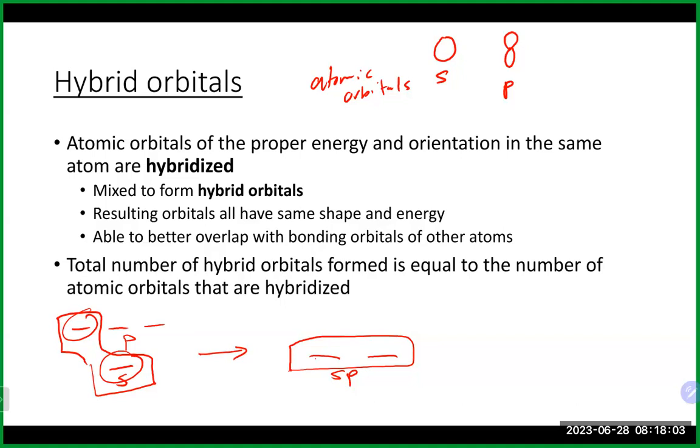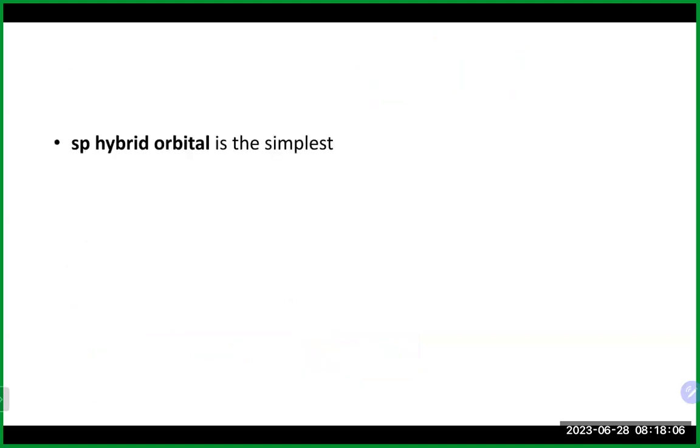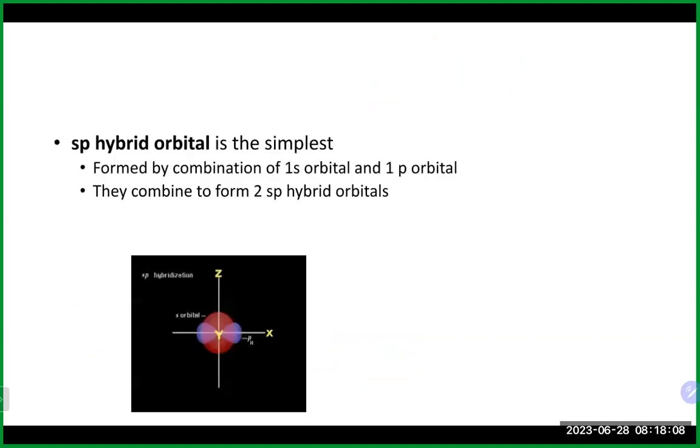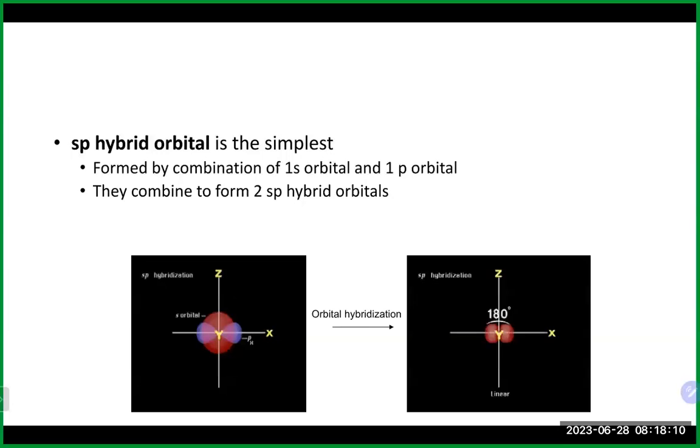So let's talk about the first type of hybrid orbital, which is the one I just did there. If we take our s orbital, which you can see here is our sphere, and there's the figure 8 of our p orbital, and we mix these together, we're going to create those hybrid orbitals.